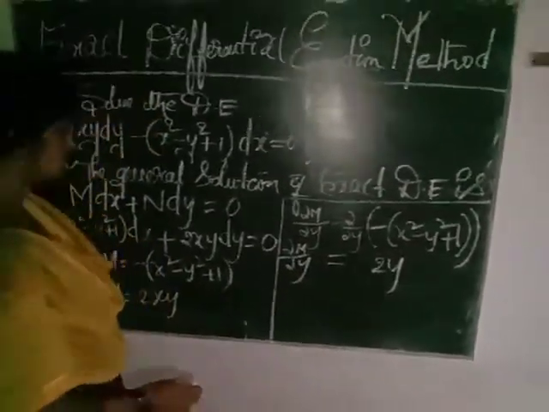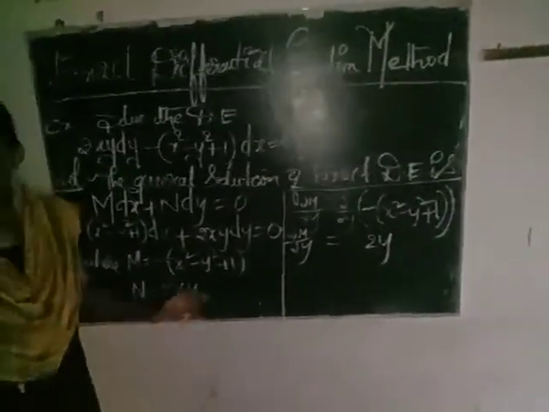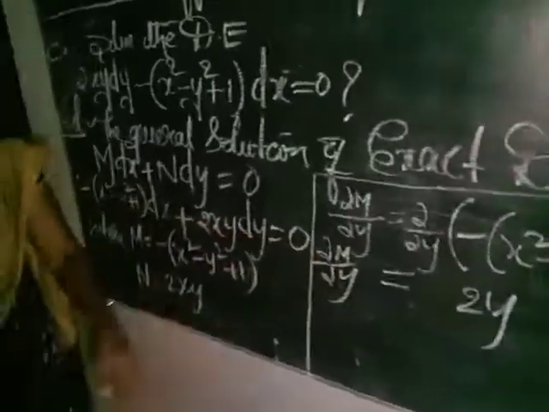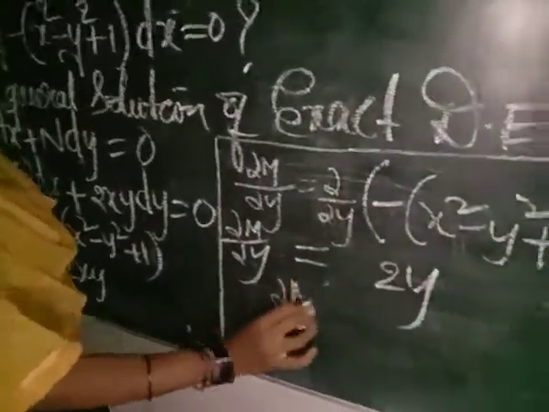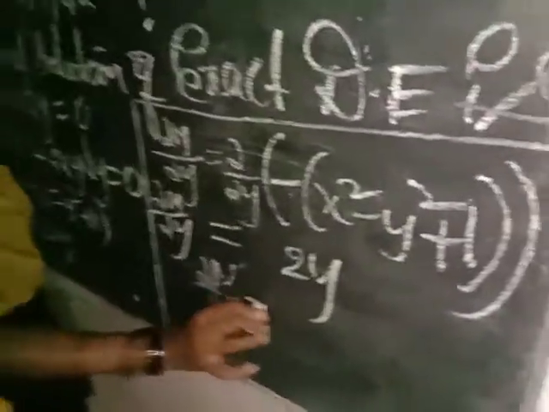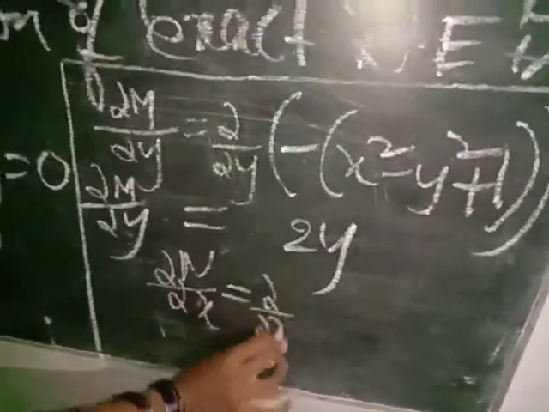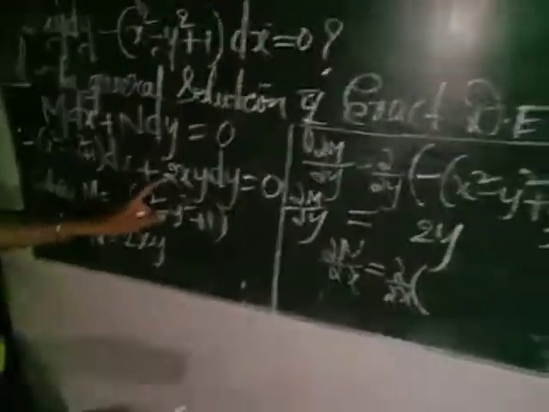Next we find dou N by dou x, which is dou by dou x of N, where N is 2xy.